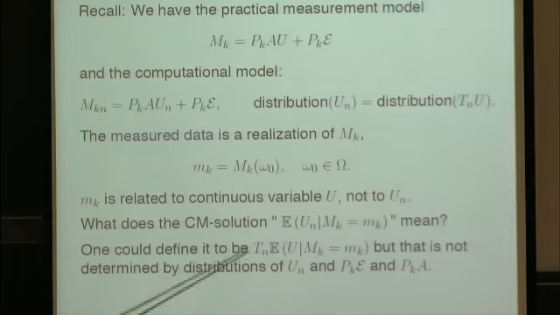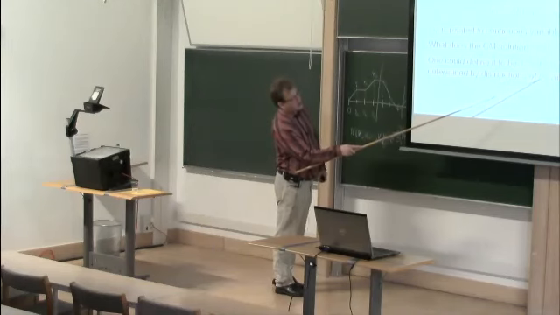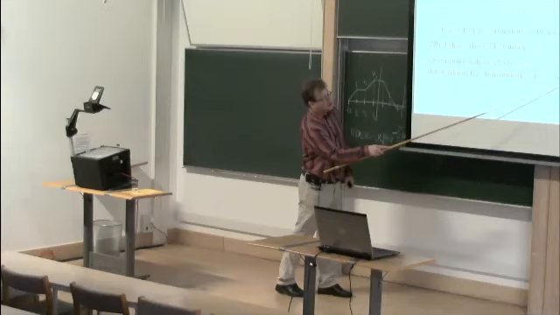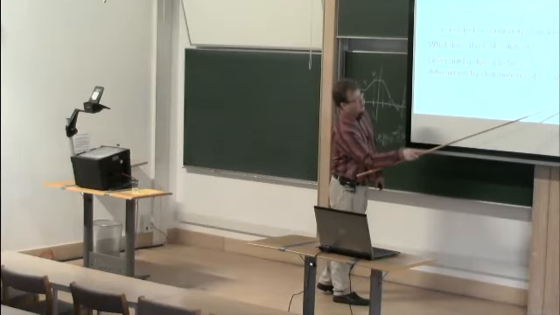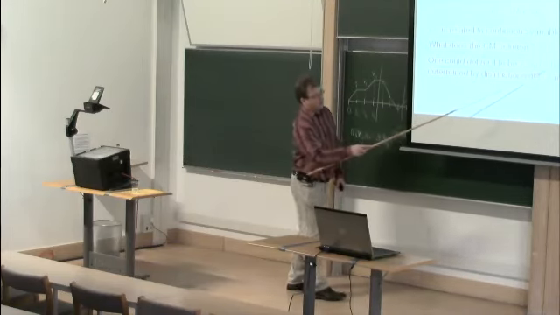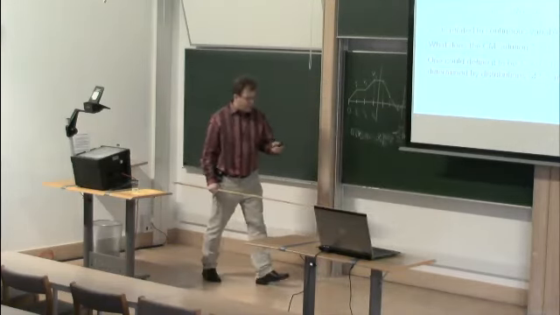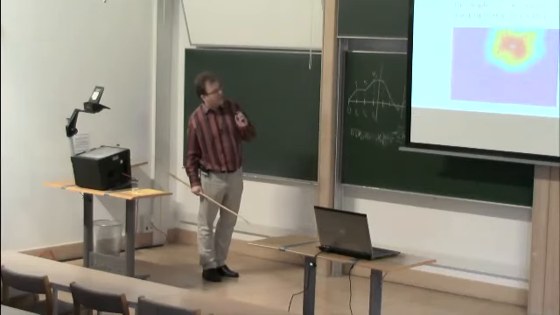We would like to define something that would be the projection of the continuous reconstruction. But this kind of object is not determined by our computational model. Namely, the distribution of the discretized variable, discretized noise, and discretized measurement operator does not determine this. So why is this a problem? When we want to compute CM estimates, how do we do it?